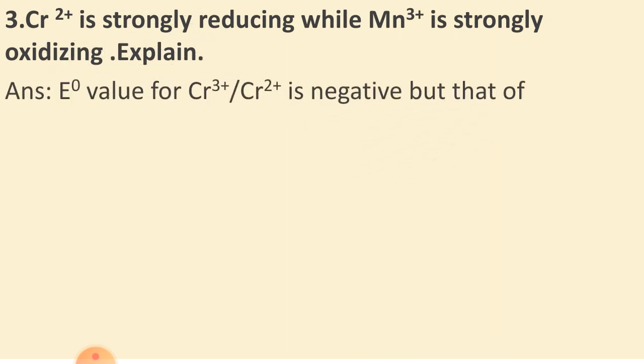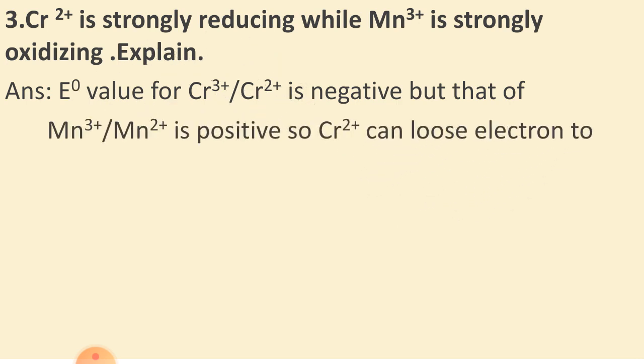The E° value of Cr3+/Cr2+ is negative, minus 0.41, but that of Mn3+/Mn2+ is positive, that is plus 1.57.